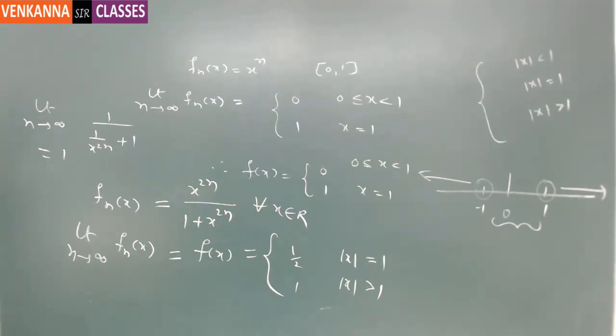So whenever you take mod x greater than 1, that is nothing but x is a positive number bigger than 1, or x is a negative number less than minus 1. Accepted? I am going to do the modification like this. The limit will be 1. Yes or no?